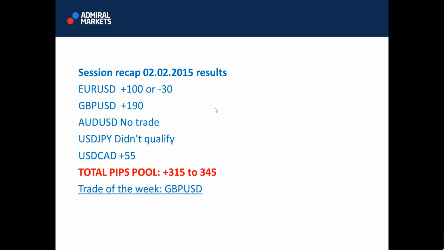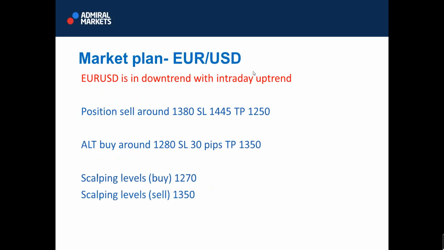Dollar yen didn't qualify, unfortunately, it didn't come to our POC, and dollar CAD gave us 55 pips total. So the total number of pips for the week was 315 to 345, depending whether you lost or gained on euro dollar. So 315 to 345. Trade of the week, pound dollar. Definitely pound dollar was the trade of the week.